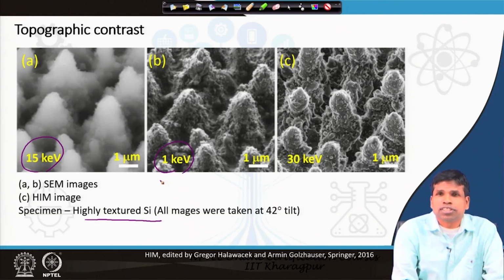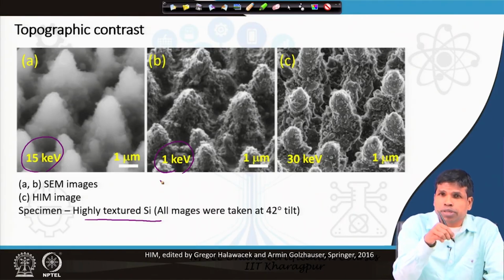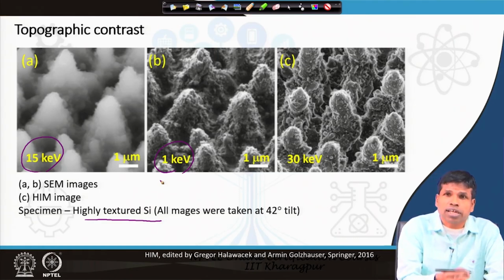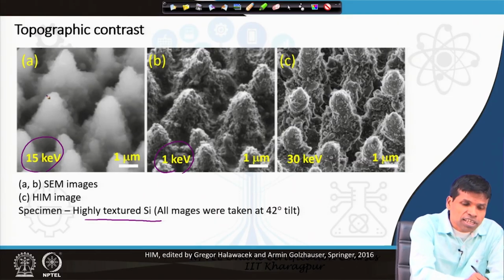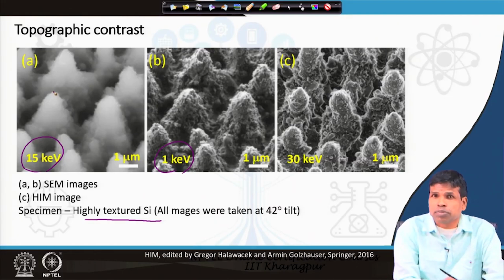In the first one you do not see the clarity of the surface, because in this case the electron beam is penetrating much deeper into the specimen, and the signals are generated not from the very surface of the sample, but from a certain depth. Therefore, you do not see the surface information, because the energy of the incident electron is much higher.